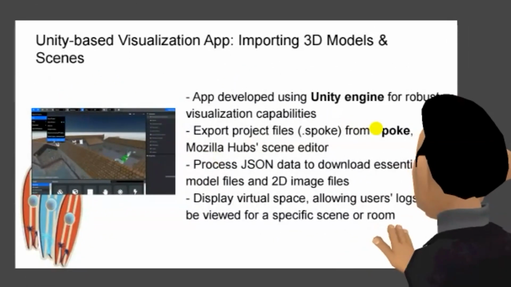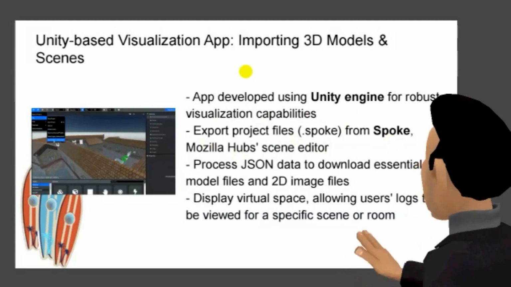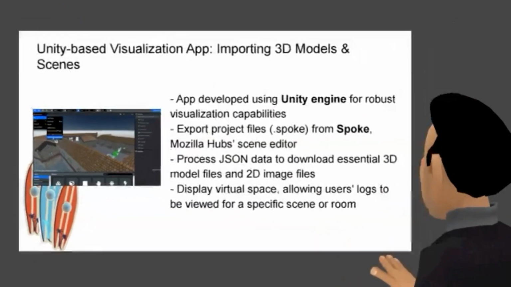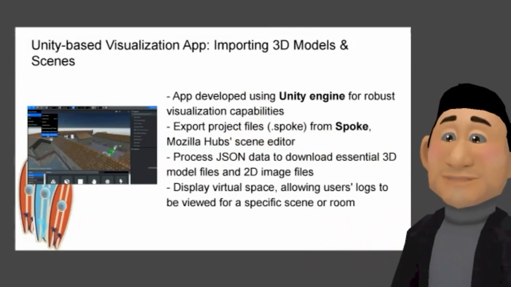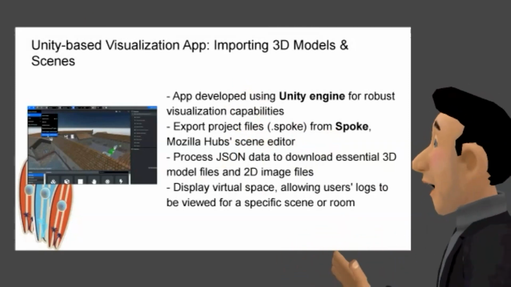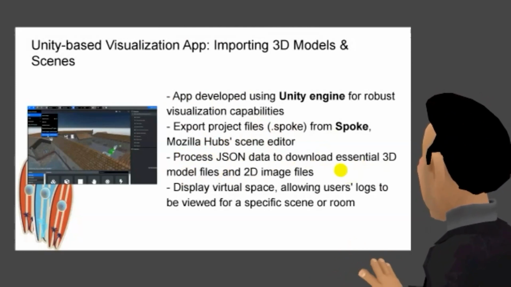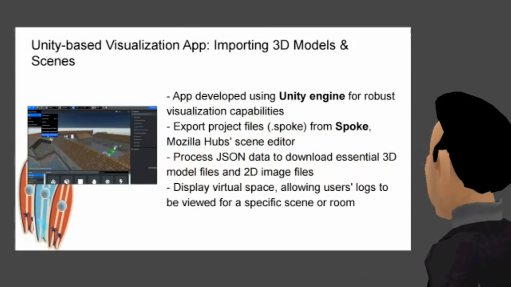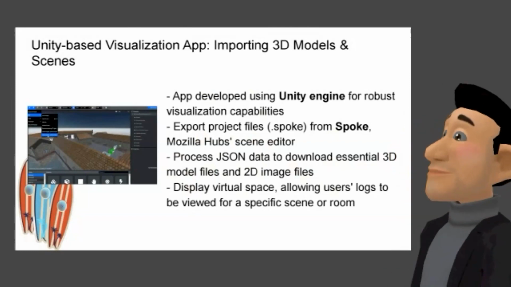Then the Unity app processed the JSON data to download essential 3D model files and 2D image files, because Spoke saves the data on the cloud. So I need to download the data from the cloud to process in Unity. That's why this process is necessary. Then the app displays the virtual space, allowing users' logs to be viewed for a specific scene or room.